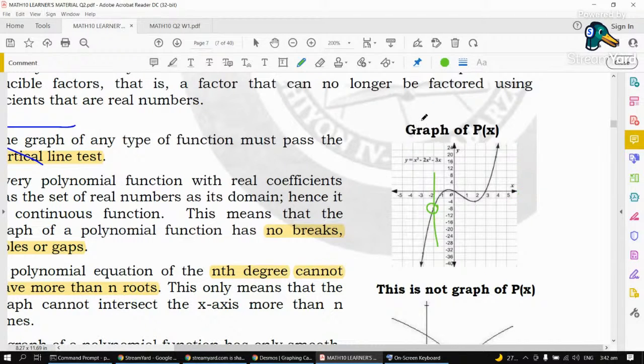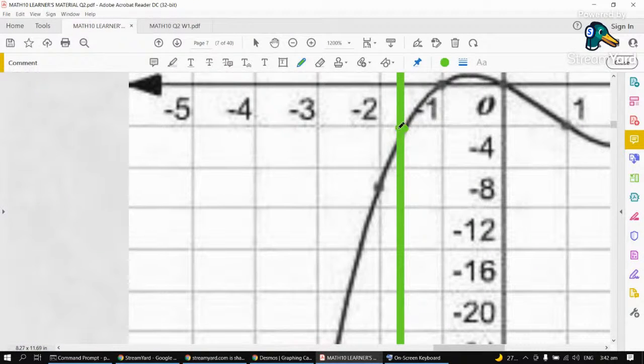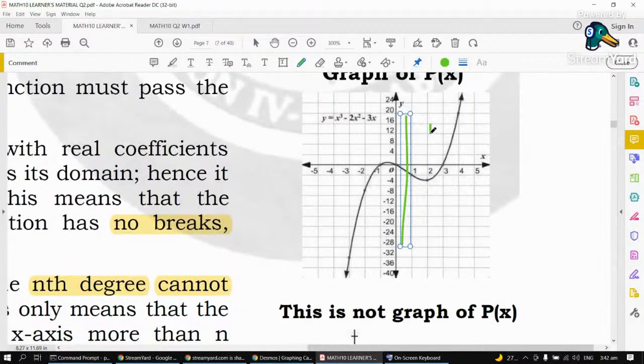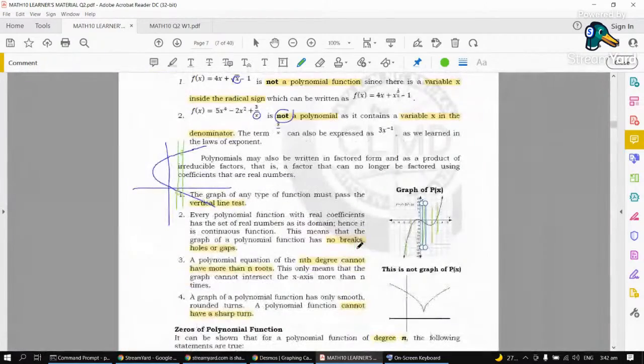Pag nag-drawing tayo ng vertical line, isang beses lang nag-i-intersect yung vertical line doon sa graph. Kahit saan dyan, mag-drawing ka ng vertical line, laging isa lang ang tumatama. Okay?